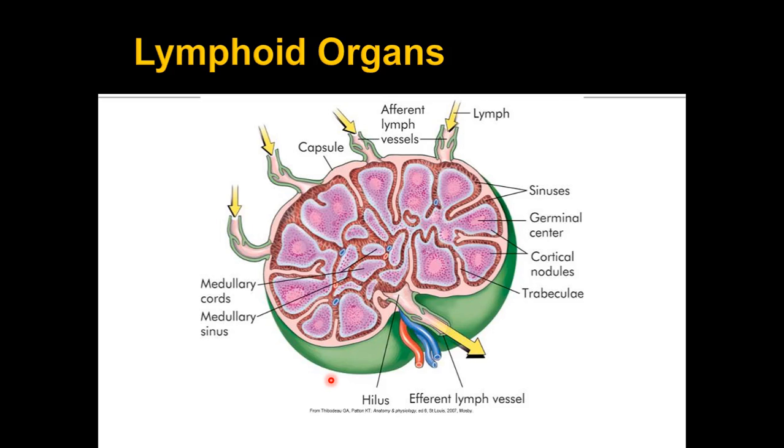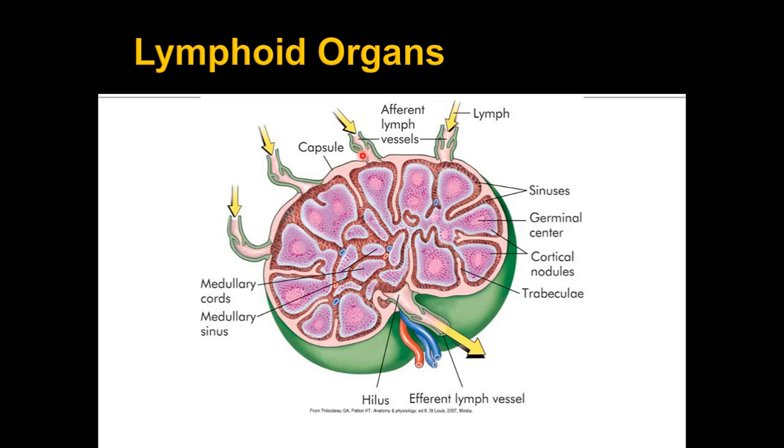So let's look at a close-up view of a lymph node, and we have several afferent lymphatic vessels bringing lymphatic fluid into this lymph node, and we have all of these areas of T and B cells that survey and monitor what's inside of that lymphatic fluid, and then finally the lymph node is drained by a single efferent lymphatic vessel.